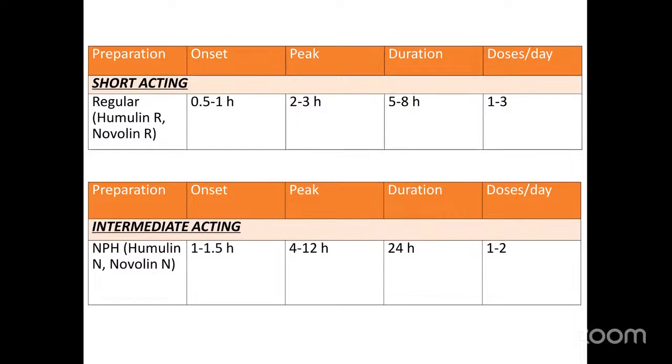We also have intermediate-acting insulin, NPH. It starts working at 1 to 1.5 hours, peaks at 4 to 12 hours, and has a duration of action of about 24 hours. It can be taken once or twice daily.